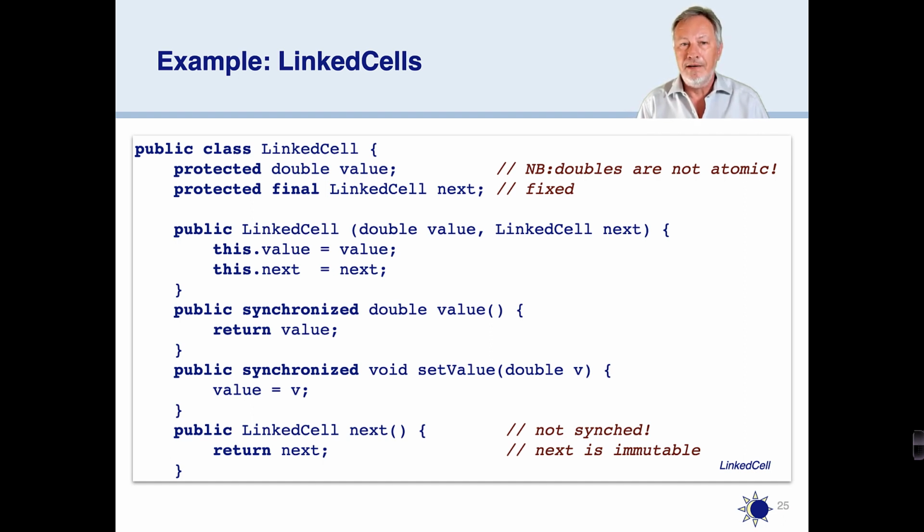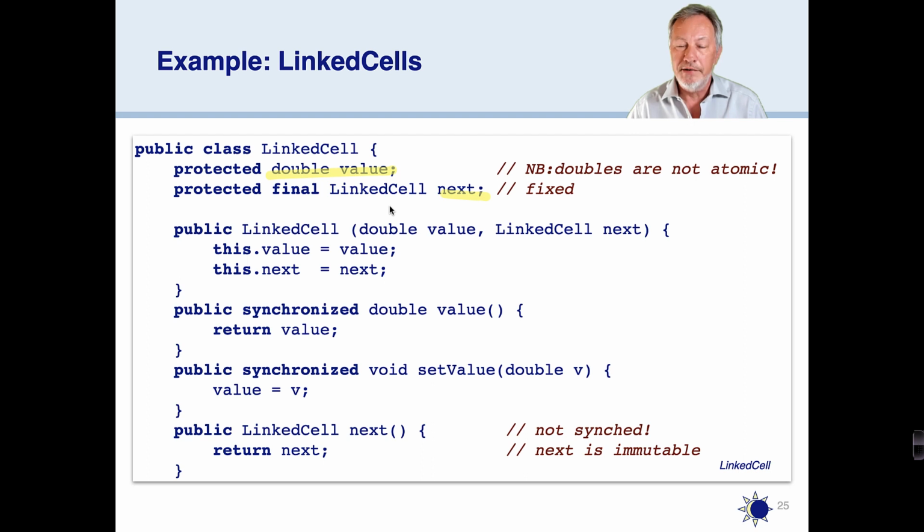It's a linked list, and the linked list is built up from a number of linked cell instances. The linked cell holds a value, which is a double, so it's not atomic. Doubles and longs are not atomic. And this value is mutable.